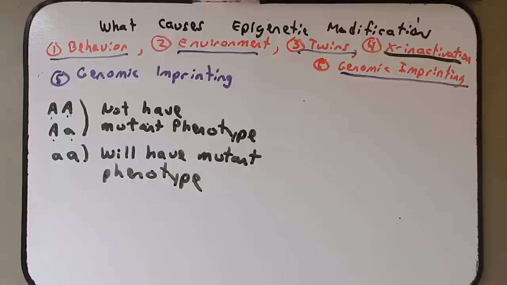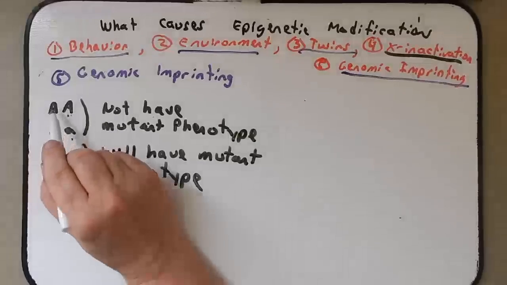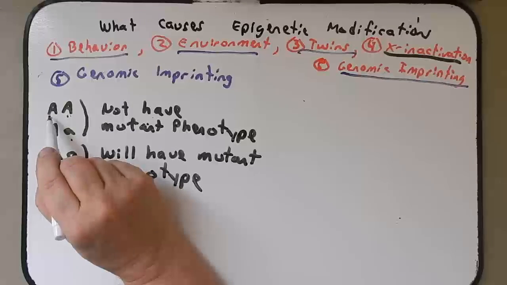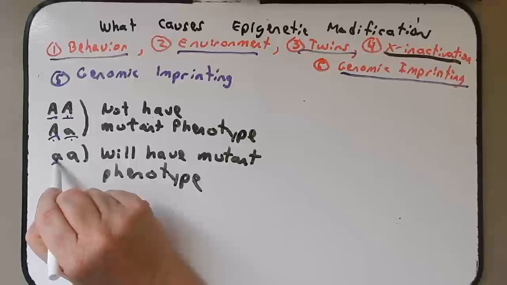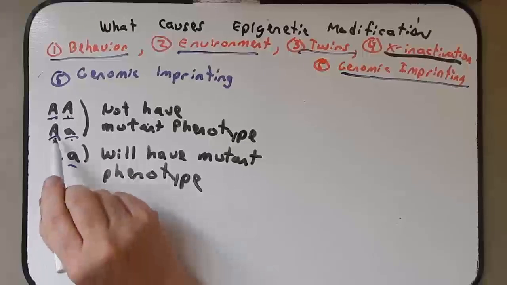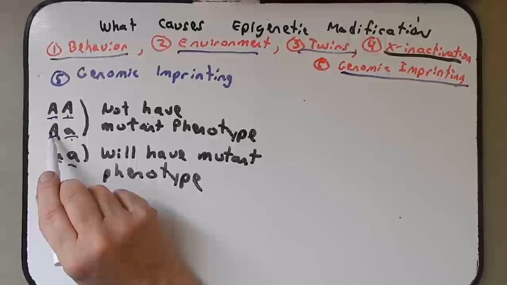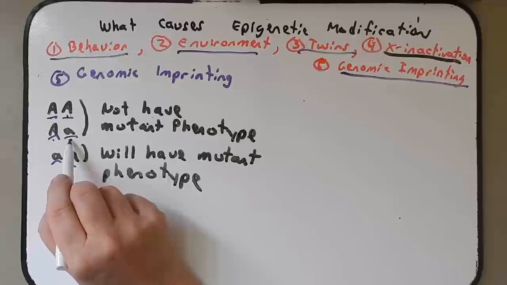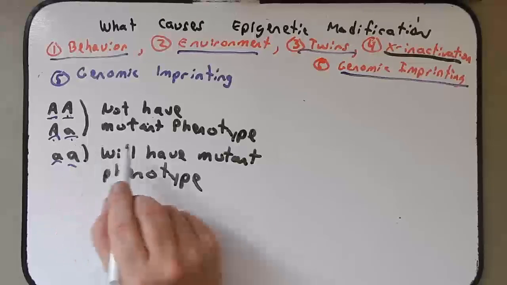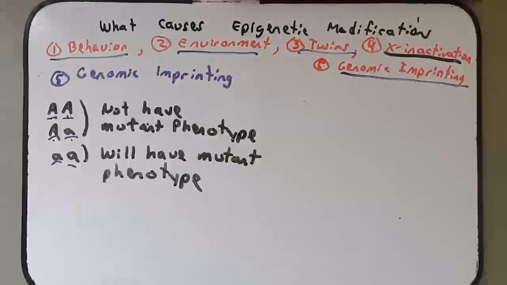And for decades, ever since Gregor Mendel, we assumed this was true, and moreover, we assumed that it didn't matter if mom or dad gave you which trait, meaning if mom gave you the big A allele and dad gave you the mutant little a allele, or vice versa, the result would be that you would not have the mutant phenotype.